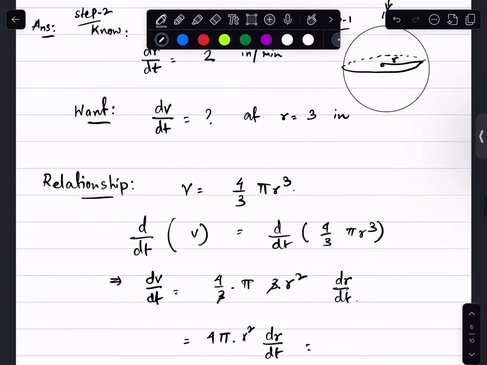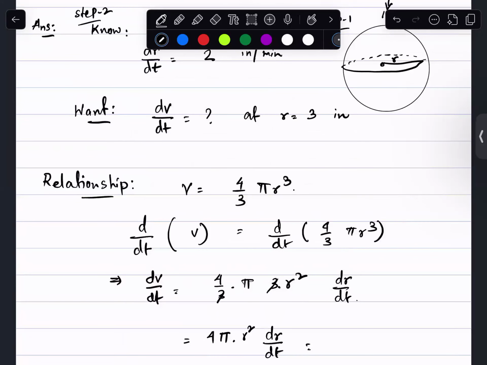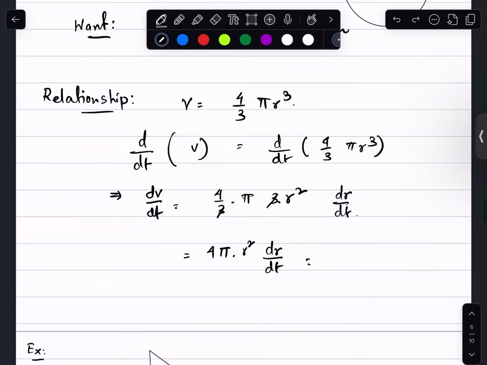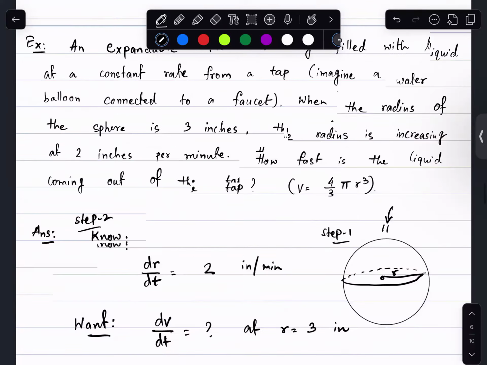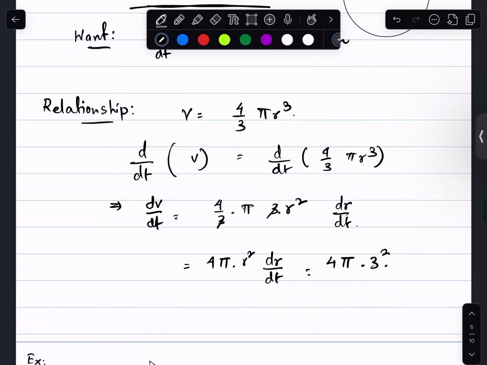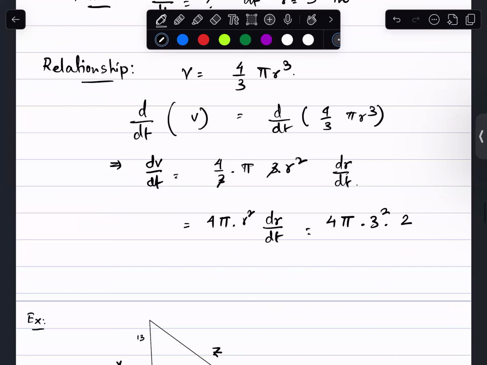I know that I need to evaluate dV/dt when r is 3. So I can put r to be 3 in my equation, so 3 squared. And I know that dr/dt is 2 inches per minute, so I get 2 for dr/dt.